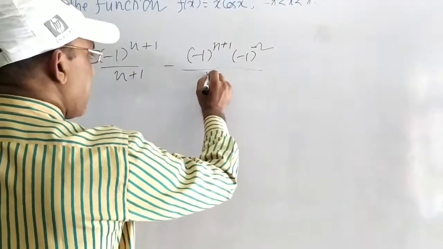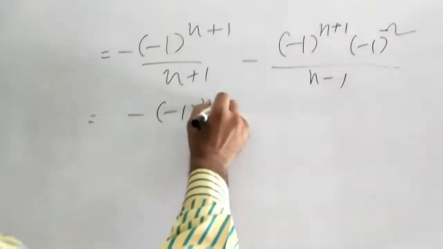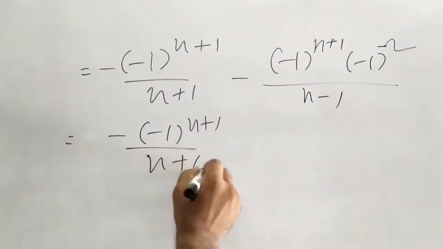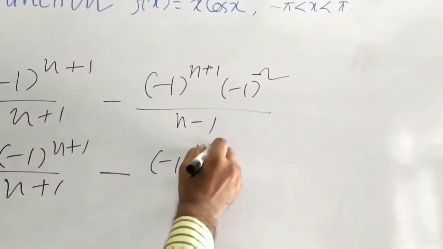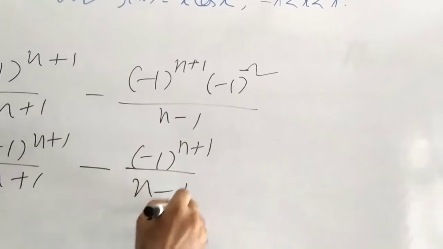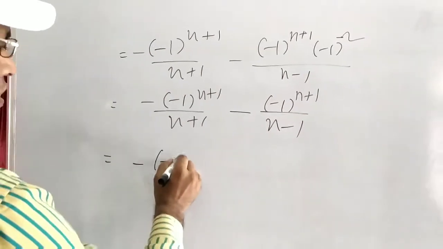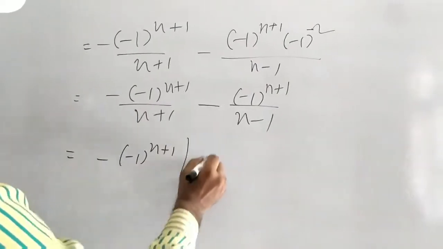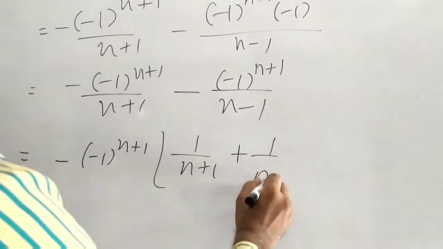Then this is n minus 1. This will be minus 1 to the power n plus 1 by n plus 1, this is positive. This will be minus 1 to the power n plus 1 by n minus 1. And this minus 1 to the power n plus 1 is common. Then we get 1 by n plus 1 plus 1 by n minus 1.